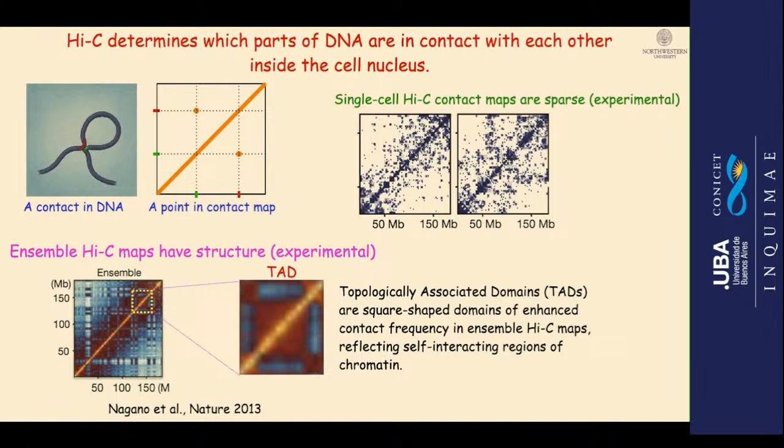But ensemble averages over 1 million cells reveal an organized pattern. Square features of enhanced contacts along the diagonal of the map are called topologically associating domains, or TADs. We think of TADs as a relatively weak perturbation affecting the SR excluded volume configuration.